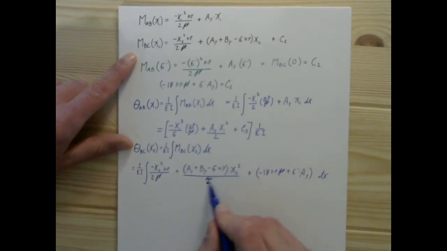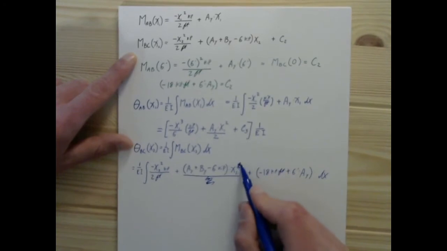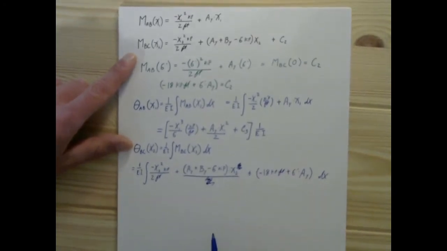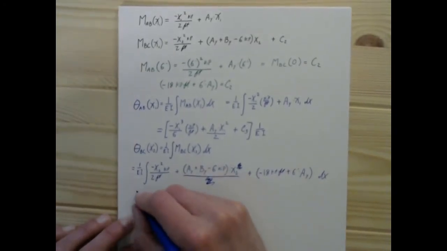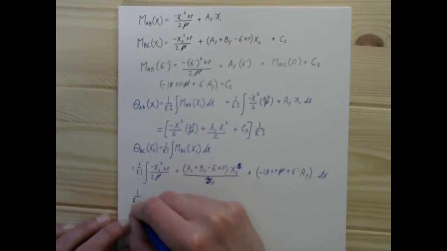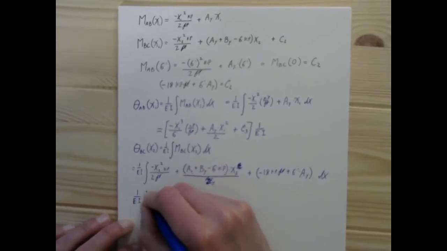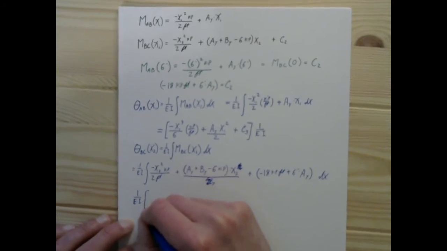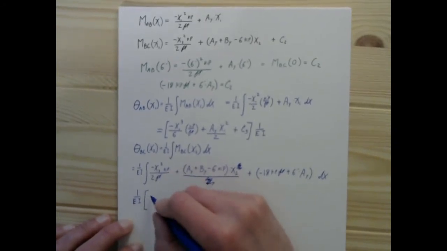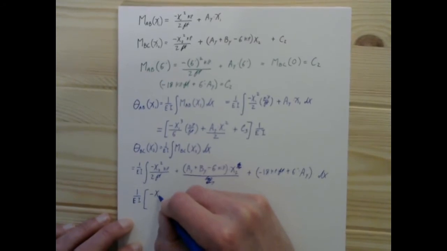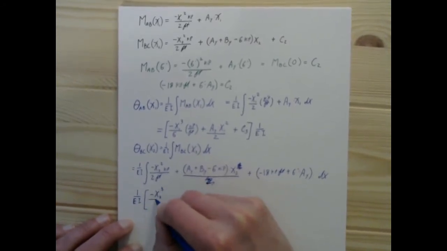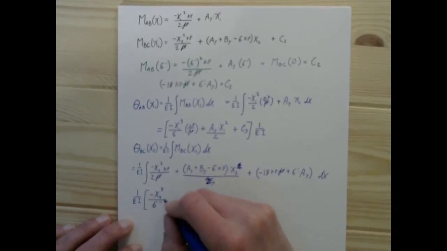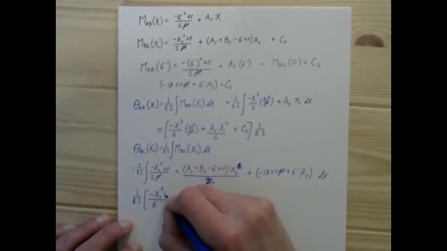No, don't integrate that yet. We're not integrating yet. Never mind, that's this step. So that's going to be 1 over EI, and I'm going to use the brackets for this one. Negative x2 cubed, that's going to become 6 feet. Keep that kip.